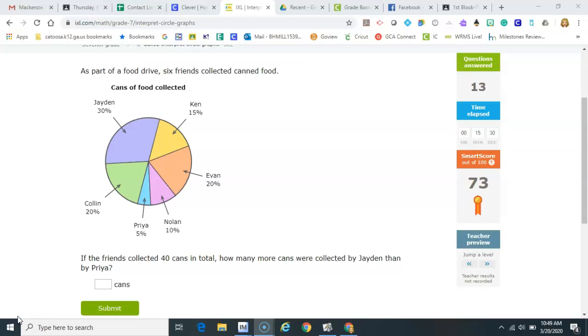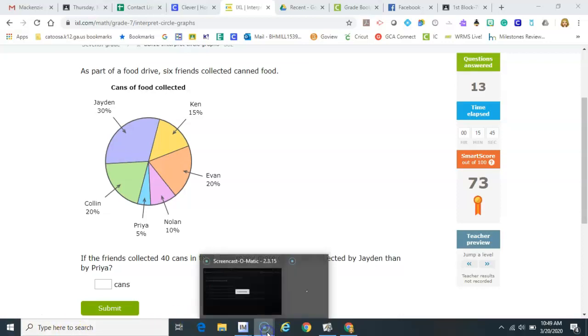So Jaden was 30%. Priya was 5%. So there's 2 different ways to solve this problem. And let's look at that.